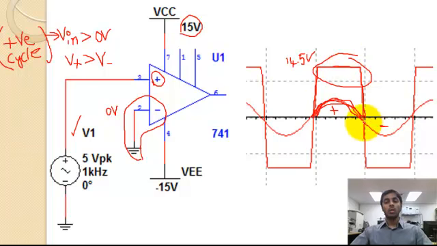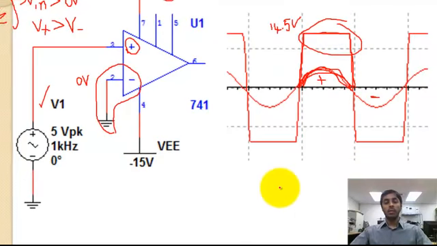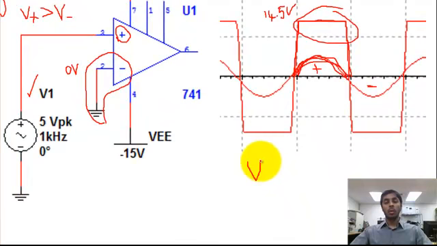When the input signal goes below 0, V positive is definitely less than V negative, because V negative is always 0 since it is grounded, and V positive, where you apply the input signal, takes a negative value in the negative cycle.